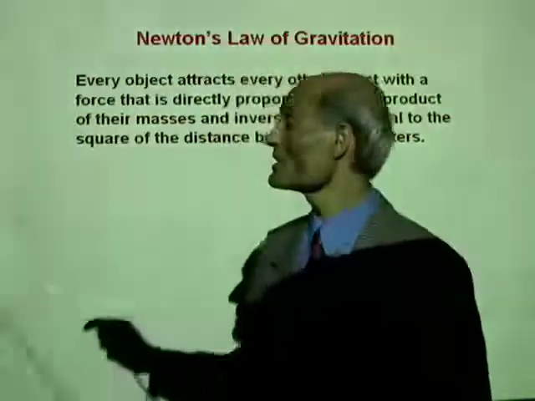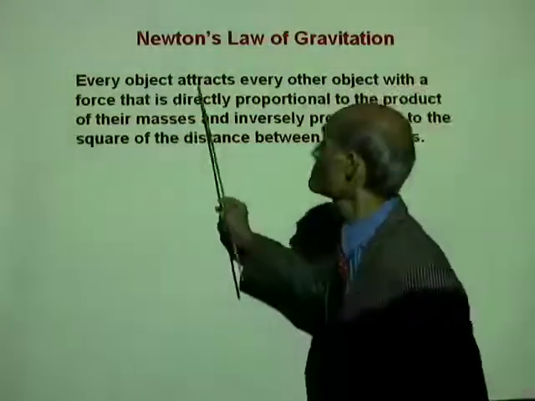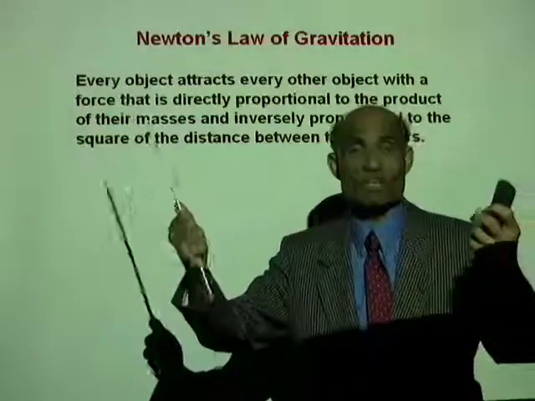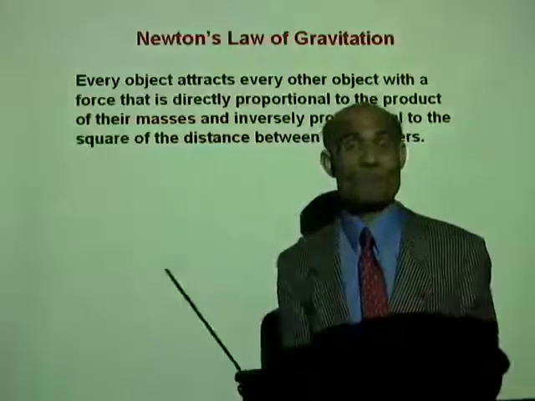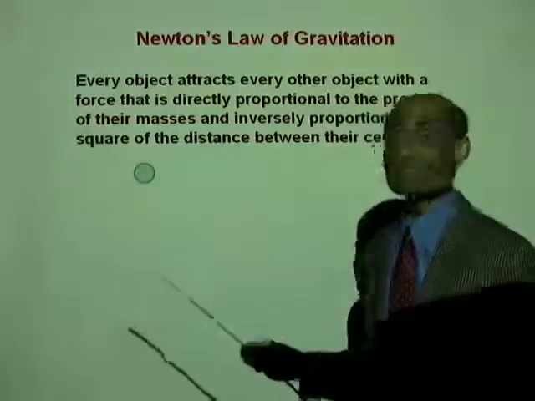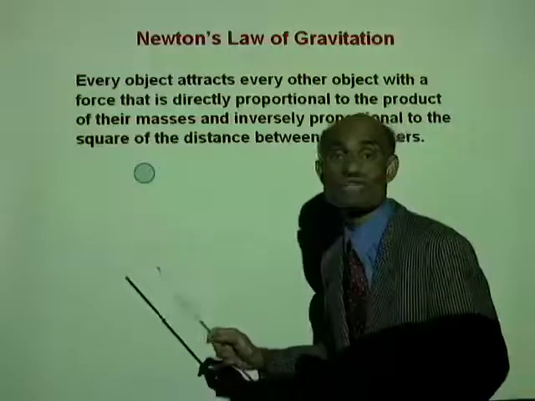Can you represent this as a mathematical statement? The force between two objects is directly proportional to the product of their masses and inversely proportional to the distance between their centers.